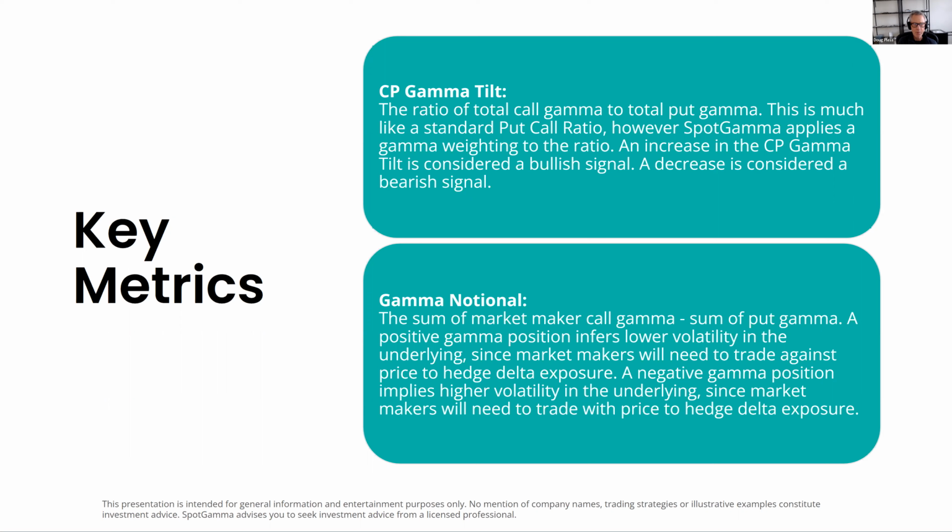And a negative gamma position implies higher volatility in the underlying, since market makers will need to hedge with the delta exposure. So it's very important to understand how market makers are positioned on the gamma curve to anticipate how they may react, especially with big events like economic data coming out like CPI or FOMC announcements, or even expirations.